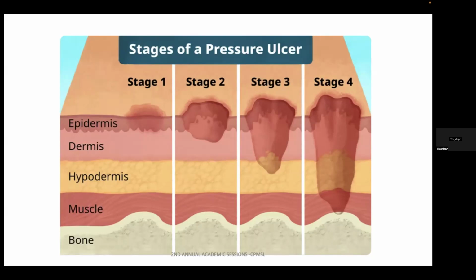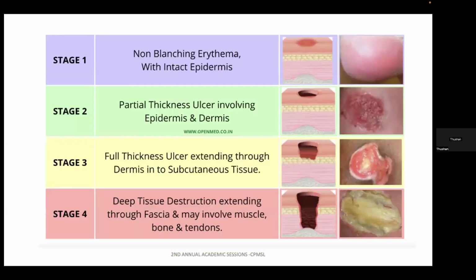If you're seeing subcutaneous fat, blood vessels, or some fat and tissues like that, then there's a stage 3 where it involves the hypodermis. If you're seeing tendons, bones, fascia exposed, underlying ligaments and so on, then this is stage 4 disease. So as you go along from stage 1 to stage 4, the depth increases, the degree of tissue trauma increases, and the management becomes even more difficult.